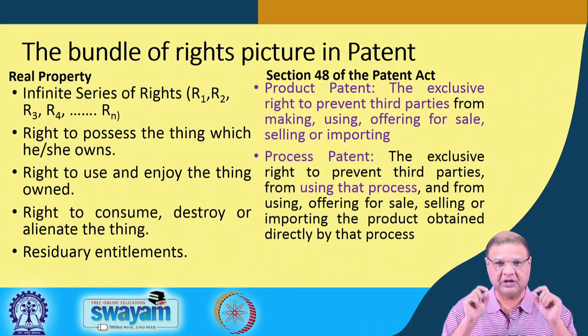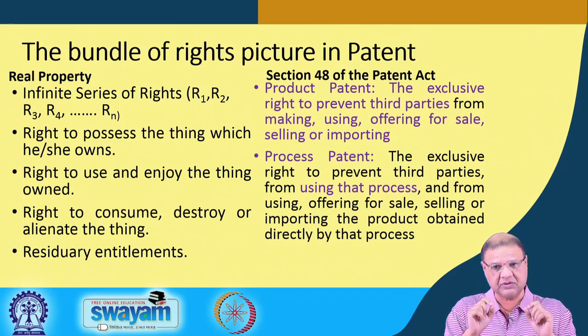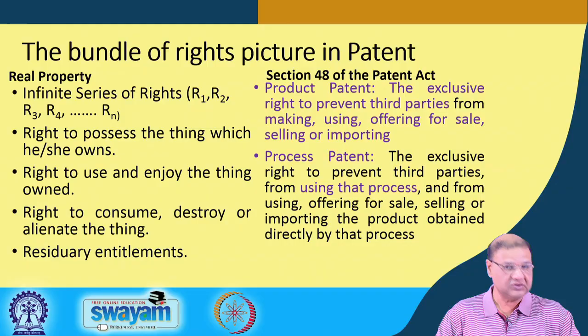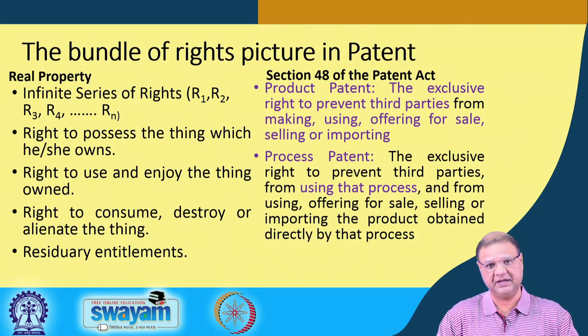So, he can prevent others from using the process, and he can also prevent others from using, selling or offering for sale the product which is directly obtained by following the process which he or she has developed. So, this is the ambit of process patent in India.